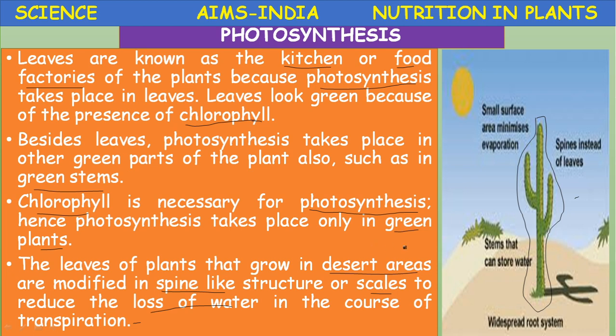So for that purpose the stem is modified. The leaves are modified to spines, and the stem is modified such that it can store water, and it also contains the green pigment chlorophyll, or chloroplasts are present in the stem itself, so that the plant undergoes photosynthesis.